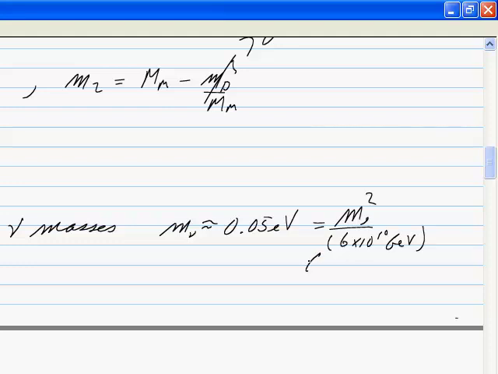So if you take the Dirac masses to be over the electron mass and the Majorana mass over 10 to the 11 GeV, you get neutrino masses in the right ballpark.